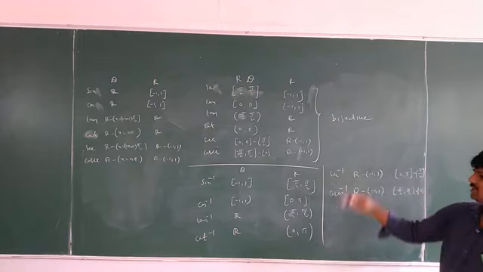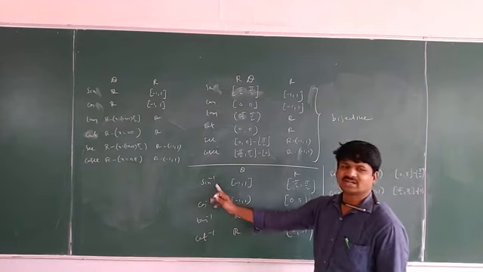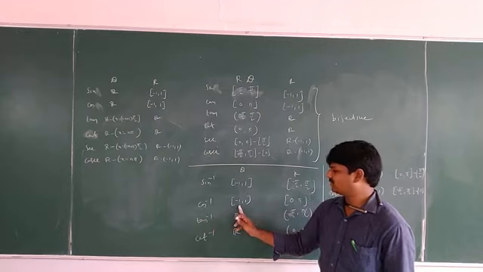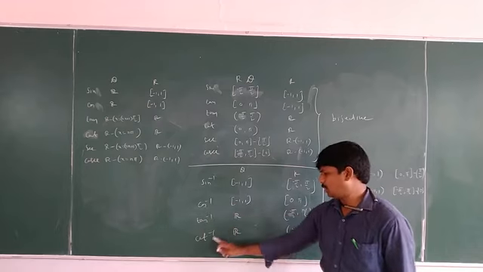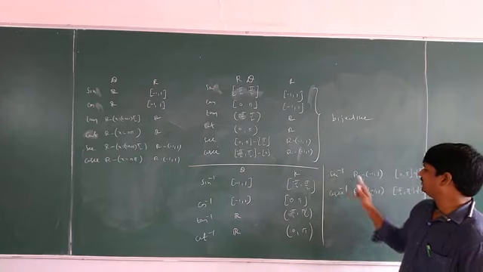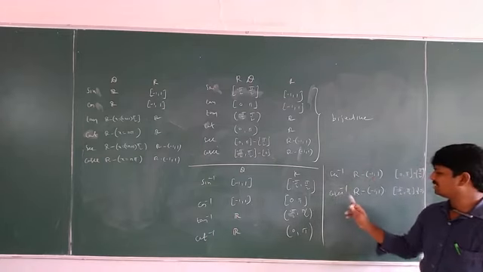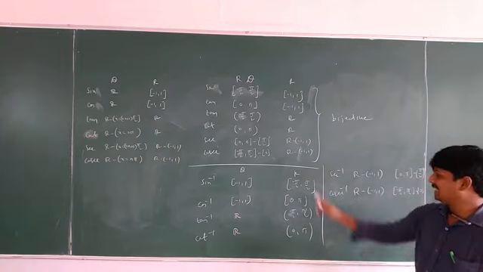Okay, so these are all the domains. Just observe here: domain of sin inverse x is closed [-1, 1], cos inverse x closed [-1, 1], tan inverse x domain R, cot inverse x domain R, secant inverse x domain R minus open interval (-1, 1), cosecant inverse x domain R minus open (-1, 1).